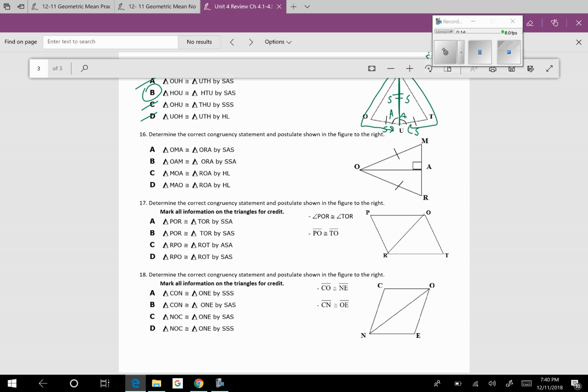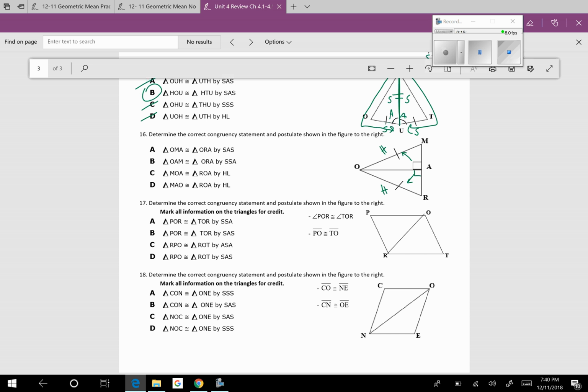Okay, these ones. We have a right triangle here. So whenever you have a right triangle, you want to check and see if you have hypotenuse and a leg congruent. So your hypotenuse is this side here that's across from your right angle. This is also a right angle over here. So are the hypotenuses marked congruent? Yes. So we can put H for hypotenuse.